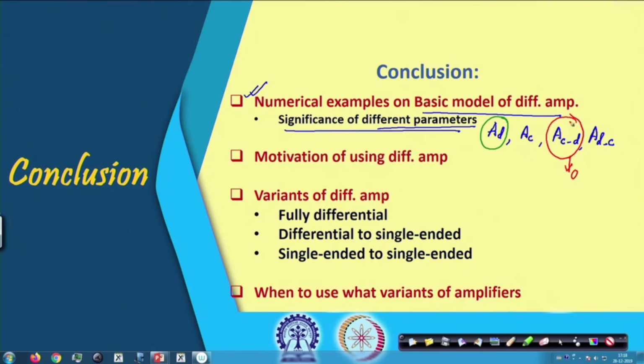So, this has the highest priority, and then in addition, to improve the signal quality, we also want this to be low, and probably we want this to be low as well, but definitely these two parameters are essential, indicating how much the elimination of unwanted signals is performed by the differential amplifier.